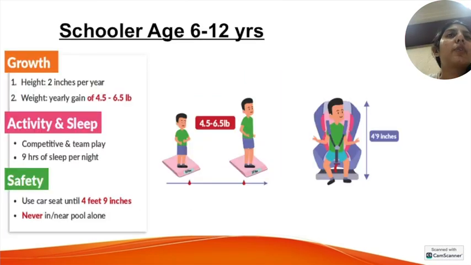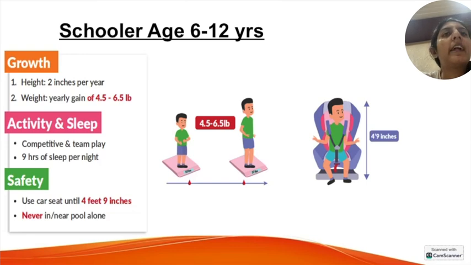Now for school age, 6 to 12 years. The growth is very similar to preschoolers, with a height increase of 2 inches per year and average yearly weight gain of 4.5 to 6.5 pounds. Now for activity and sleep. For sleep, they require around 9 hours per night.